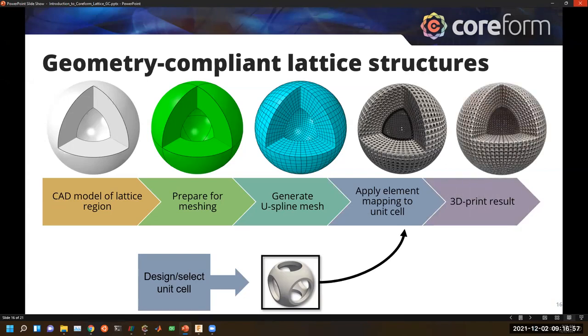And then we can 3D print the result. And this is actually a part that was printed. It's about 1 inch in diameter, out of 316L stainless steel. So this is the general overview of this process.